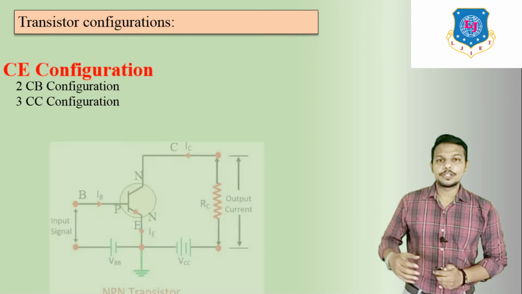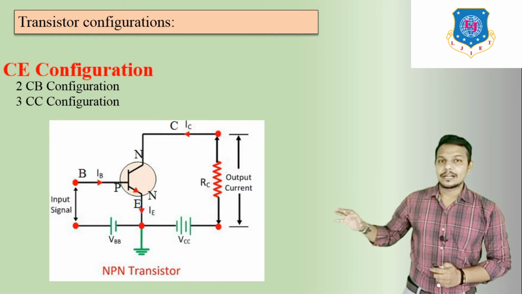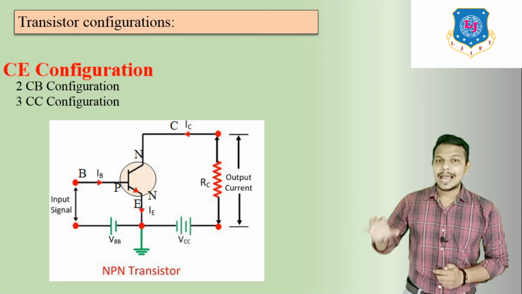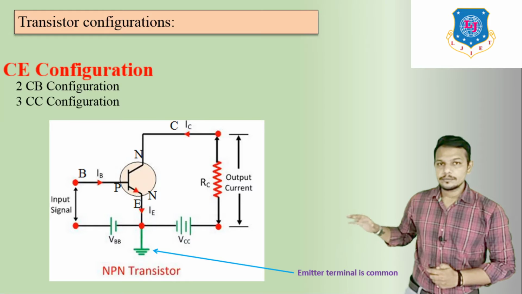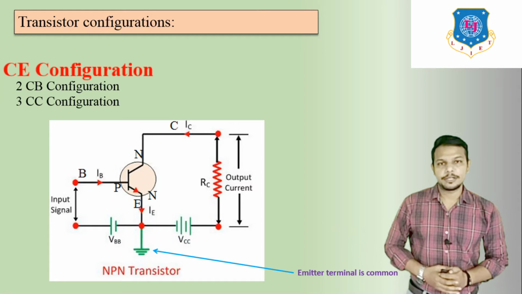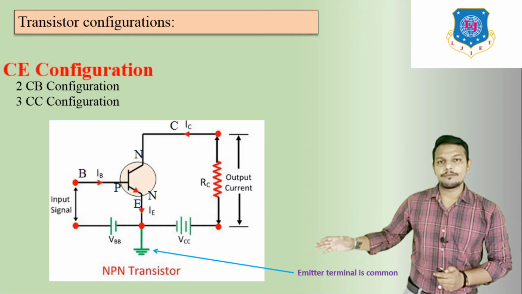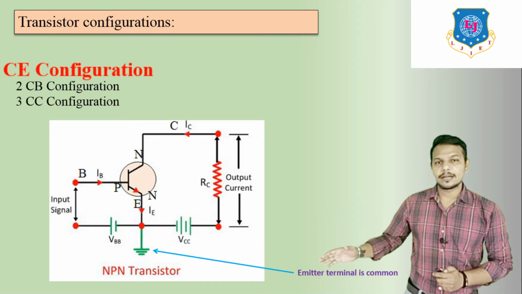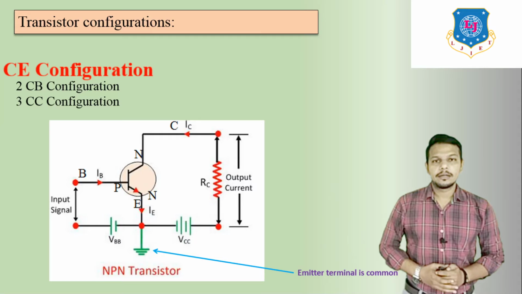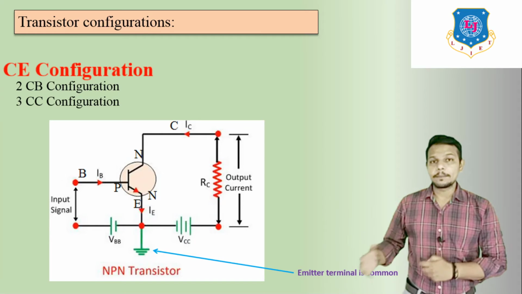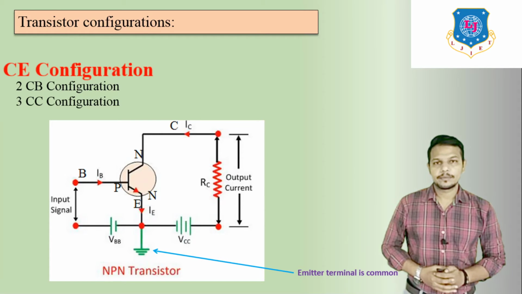So we are going to discuss about CE configuration, that means common emitter configuration. We take the emitter as the common terminal. In this circuit diagram we can see the emitter terminal becomes common. That means the base and collector terminals are used for input and output.